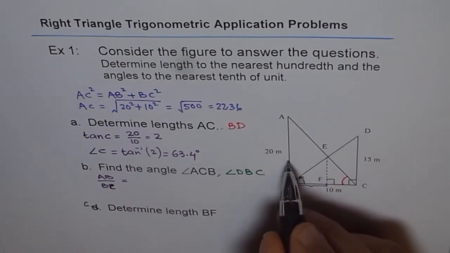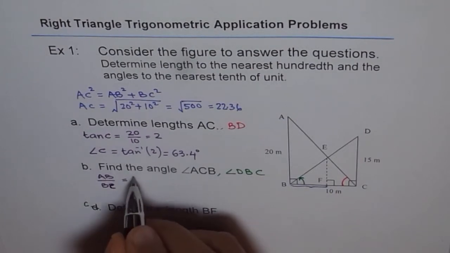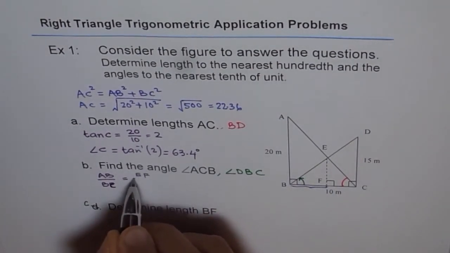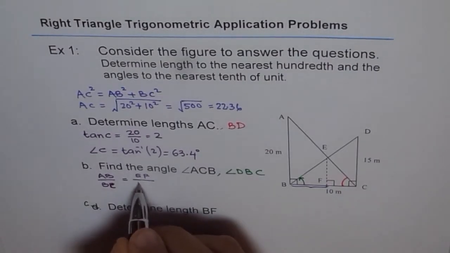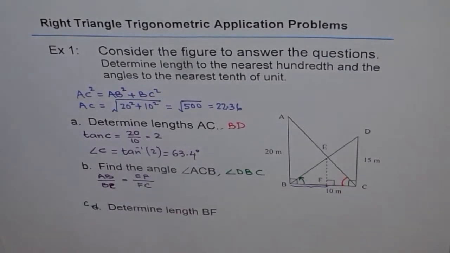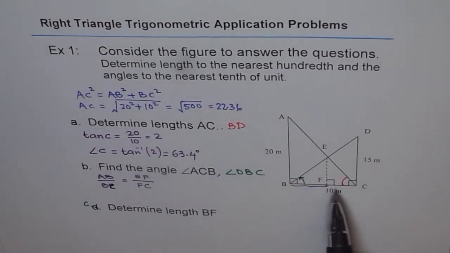So EF is corresponding to AB, so we write EF over FC. Now AB over BC is 20 over 10, which is 2, correct?